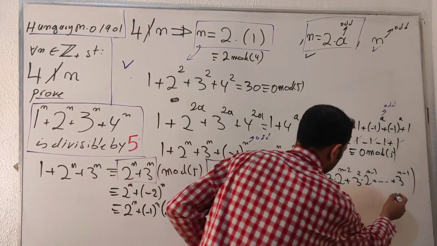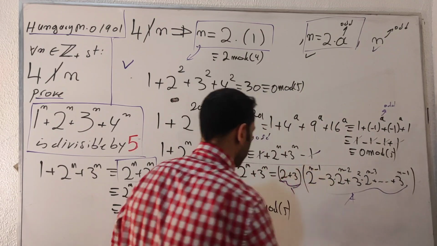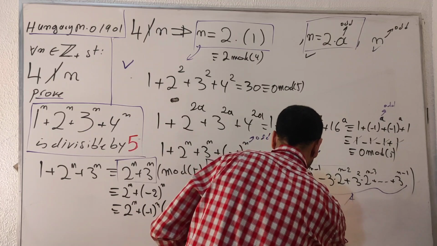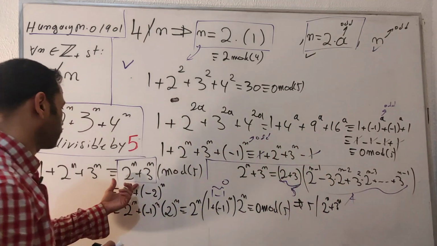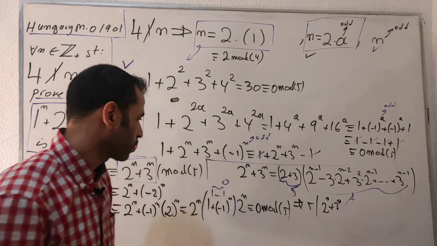All that we care about is this one, not this one. This is 5, okay? So when it's telling us 5 divides 2 to the n plus 3 to the n, which we have here, it means it is congruent to 0 mod 5, okay?